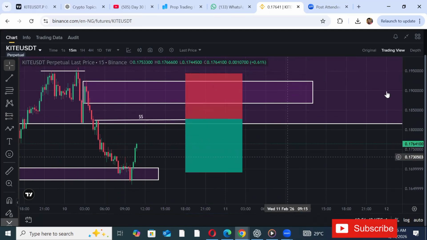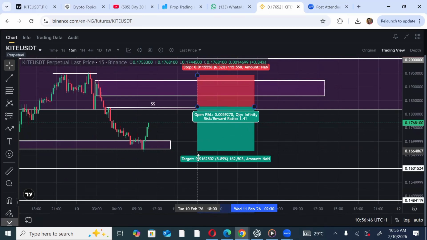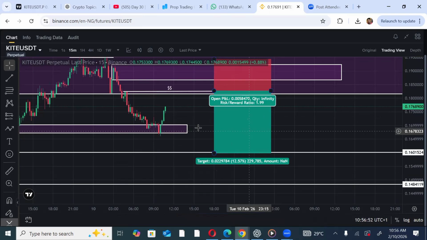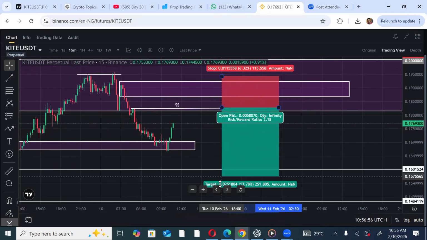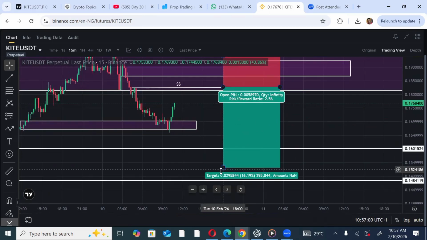And then what do I target? My first TP should give me about 1 to 2. See it? First TP is about 1 to 2. Second TP is about 1 to 3.